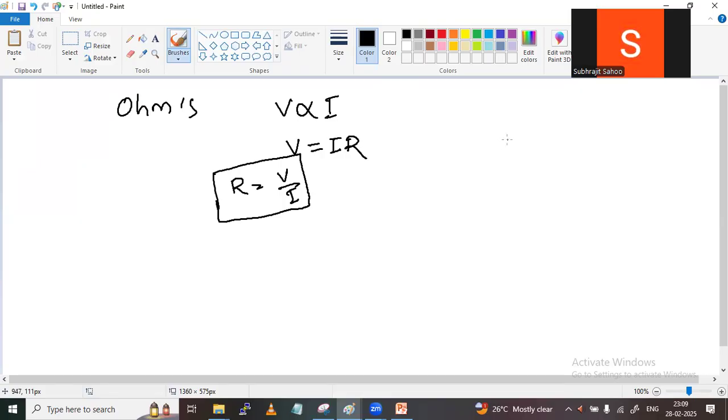Now, for temperature measurement, an electrical property principle will be used. Whenever there is a temperature change, either increase or decrease, the resistance of the material will change, either increase or decrease.